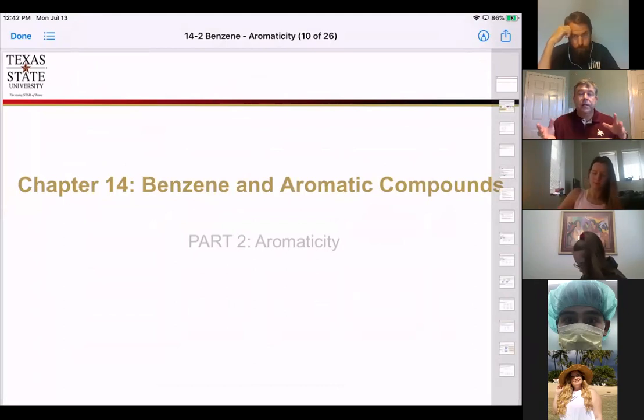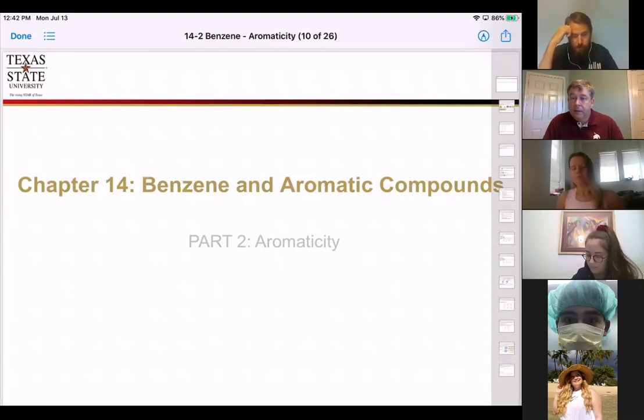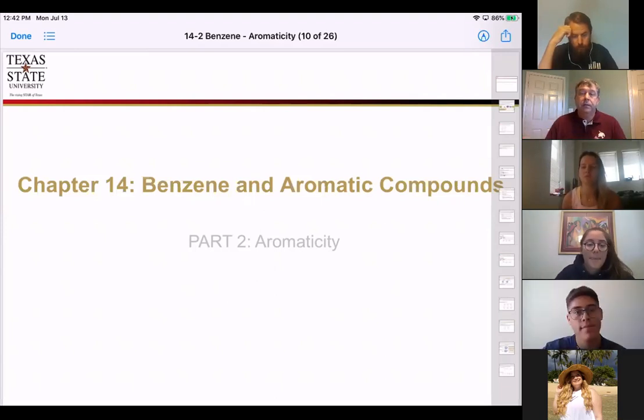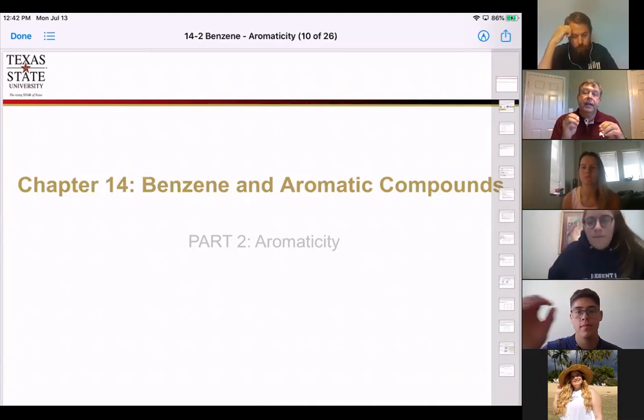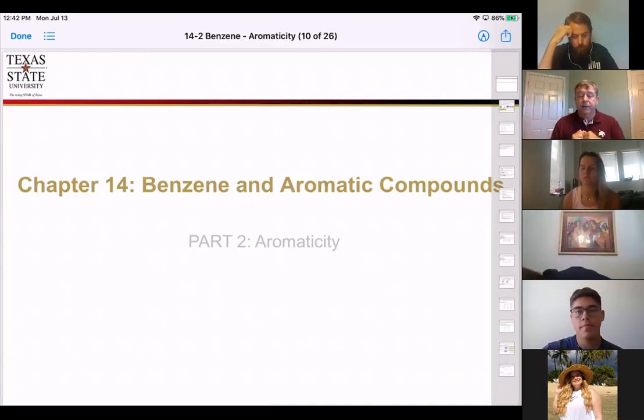Okay, so now let's talk about benzene, its reactivity, and aromaticity, okay? Okay, the BZ stands for the benzyl group. The benzyl group is a phenyl group with a CH2 and then attached to something else.